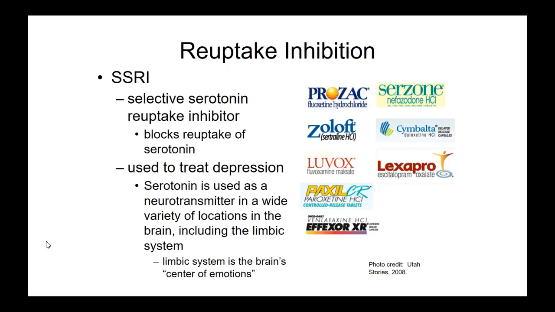So we say that they're selective serotonin reuptake inhibitors, SSRIs. For those in the healthcare field, you generally don't want to use this, because it gets confused with another acronym, all right? But these are commonly referred to as SSRIs.